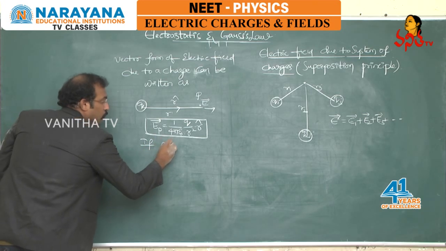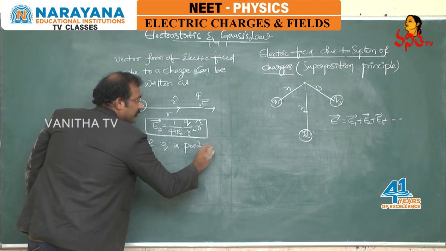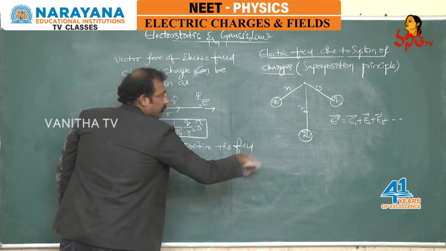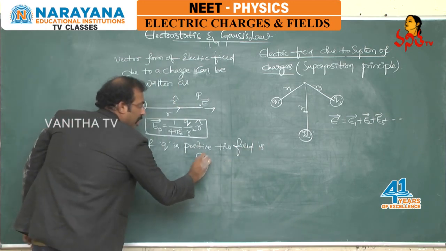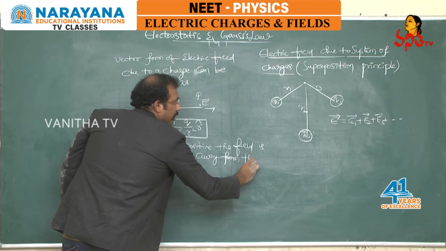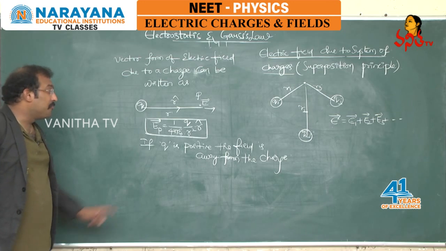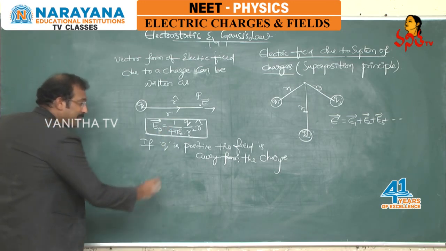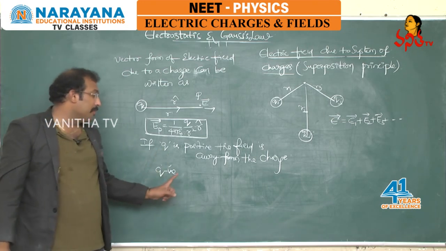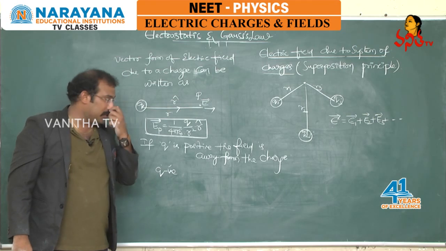If Q is positive, the field is away from the charge. If Q is negative, the field is towards the charge at a given point.